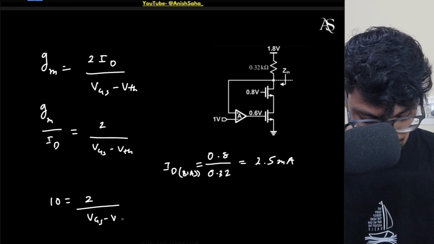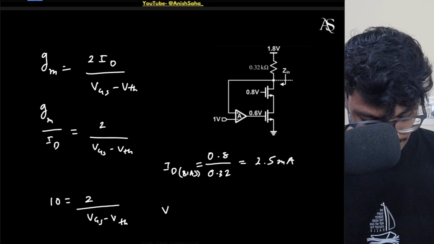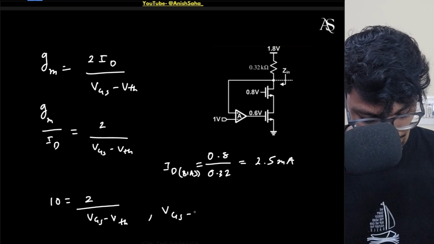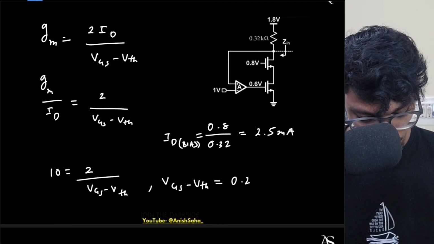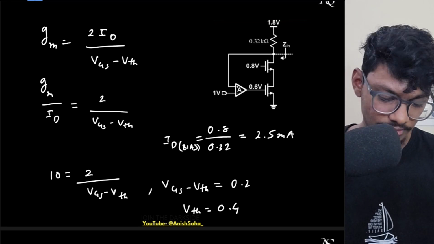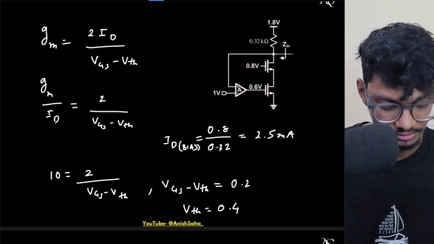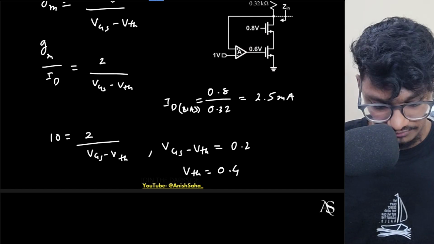VGS I already know. What is VGS? It is 0.6 volts. So your VGS minus VTH is 0.2 volts, or your VTH is actually 0.4 volts, and I will assume both the MOSFETs are symmetrical. Now the first MOSFET, I have assumed it to be in active region.